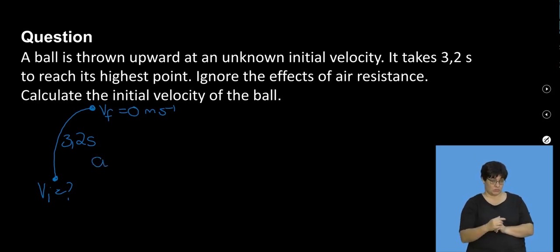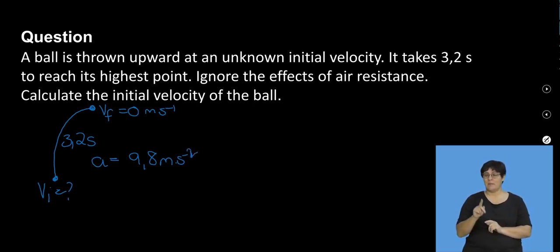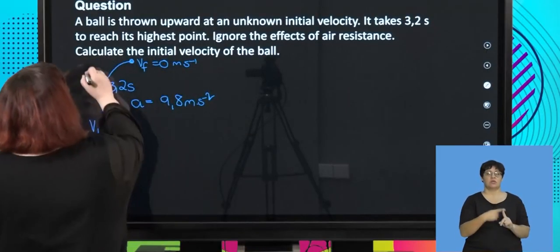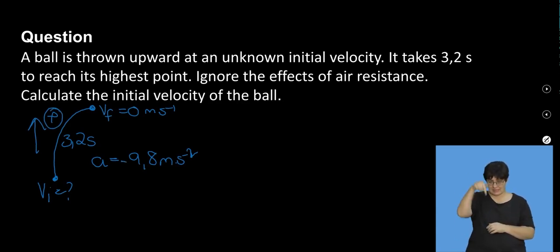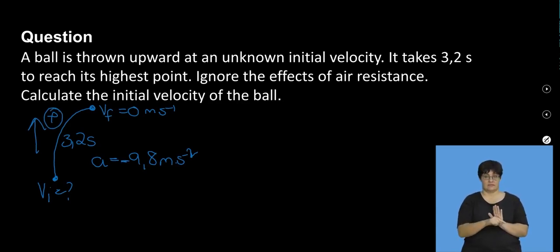We know acceleration due to gravity is 9,8 meters per second squared, but that's down. We need to make a decision as to what is our positive direction. I always take initial direction of motion as positive. If I take up as positive, that means this acceleration is negative.